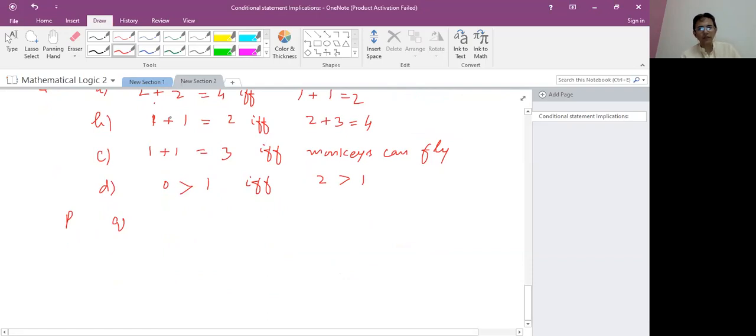The first statement represented here, 2 plus 2 is equal to 4, it is P, and the second one is true, it is Q. For the second statement, 1 plus 1 is equal to 2, it means it is true. And the second one is false. 1 plus 1 is equal to 3, it is false.